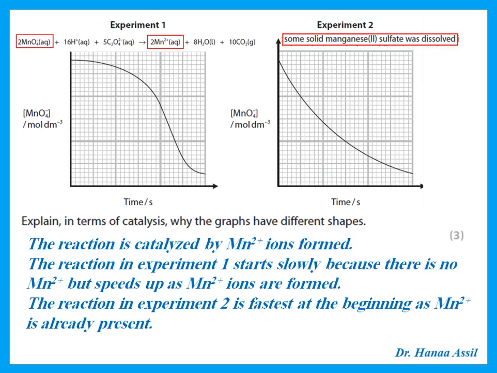So the reaction in experiment 1 starts slowly. We don't have manganese 2+ at the beginning, but it speeds up as the manganese 2+ ions are formed. In experiment 2, the reaction is fastest at the beginning because we already have manganese 2+.